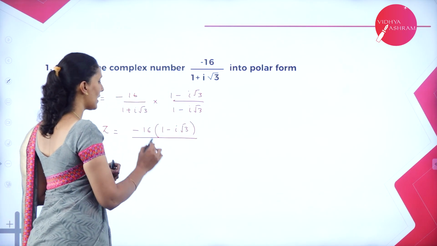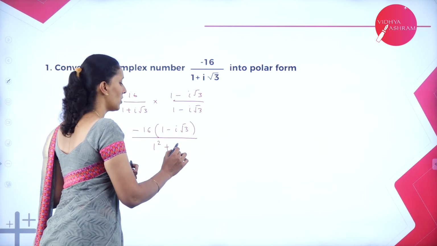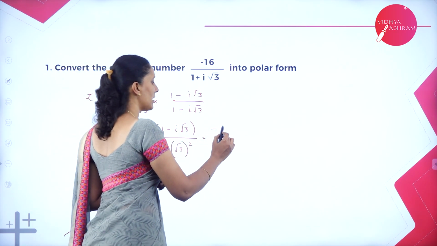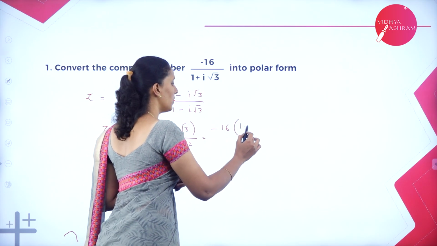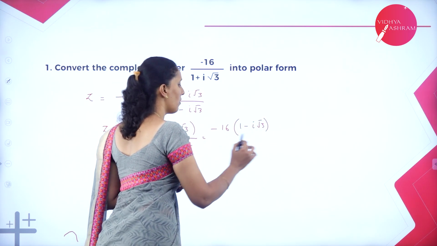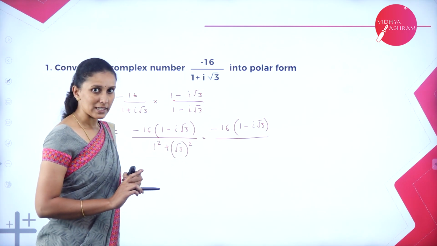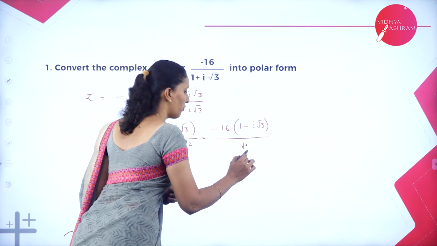Thus we can write this as 1 square plus root 3 whole square, which can be written as minus 16 into (1 minus i root 3) whole divided by 1 square is 1, root 3 whole square is 3, 1 plus 3 is 4.